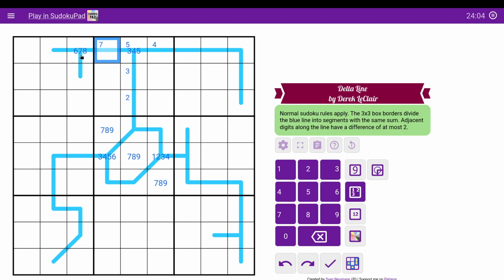Can this be 4 leading into 7? No. No, I want this to be 6. 4. Okay, so this has to be 3, 4, 5, 6, 18, leaving this to be 3.